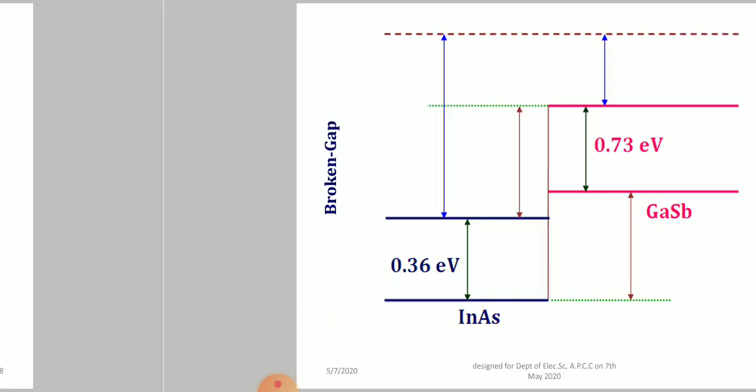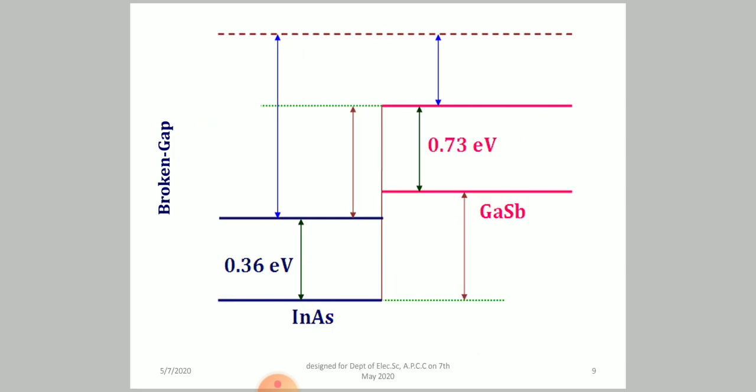And if I go to the broken gap, take indium arsenide and gallium antimonide. Gallium antimonide is 0.73, indium arsenide is 0.36. Now they won't share. The conduction band level of indium arsenide is lower than the valence band level of gallium antimonide. So it is so much shifted that the joining of the conduction band and the joining of the valence band gives a huge depth.